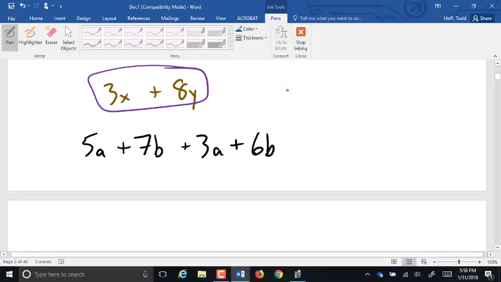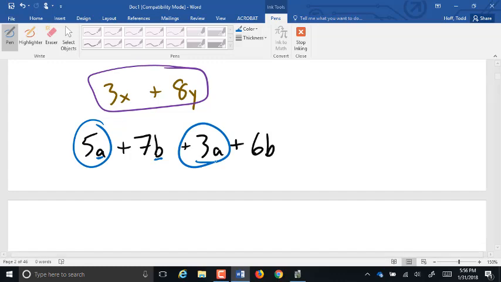Looking at that, there are different names. There's A's and B's, but there are some that are the same. So that means we can combine 5a with 3a. Now remember, we said the operation goes with the number that comes after it. This is addition here that goes with the 3a.